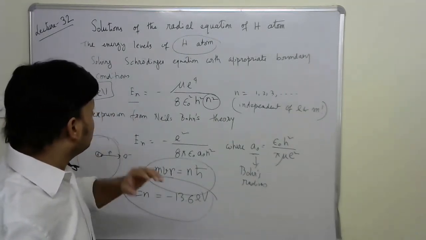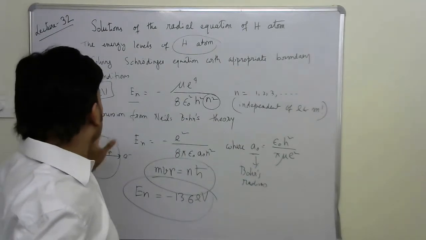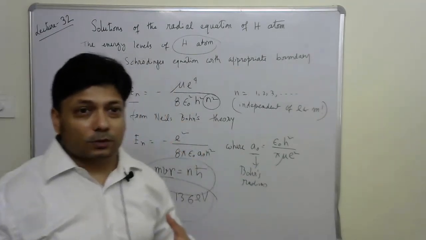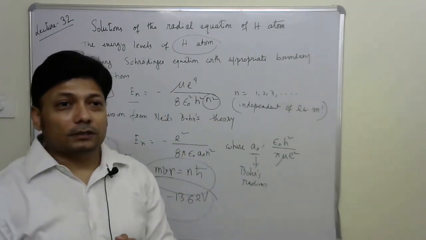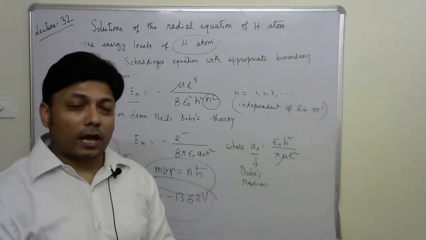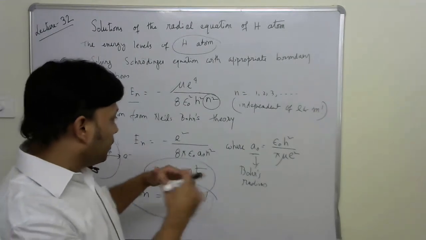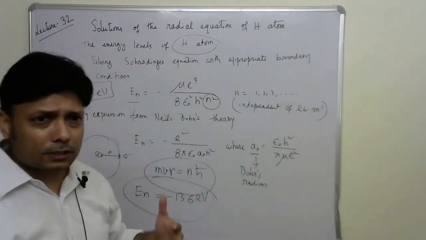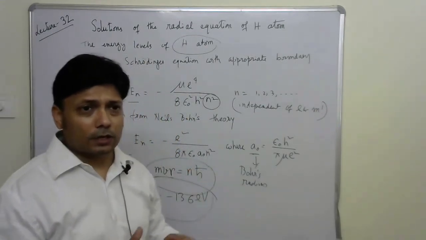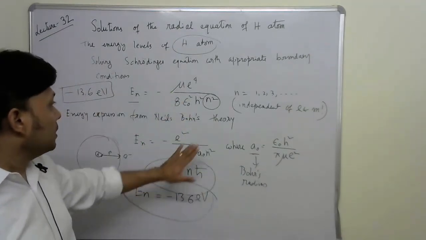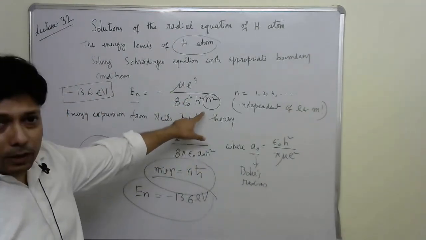Okay, so after 32 lectures, we came back to the same point: whatever Niels Bohr proposed in 1913, quantum mechanics concluded the same thing 15 to 17 years later.